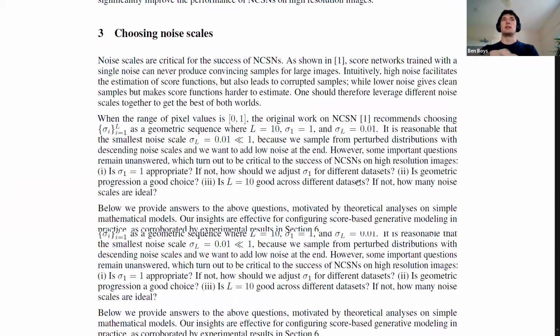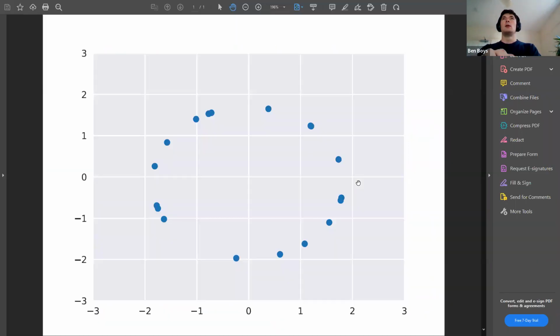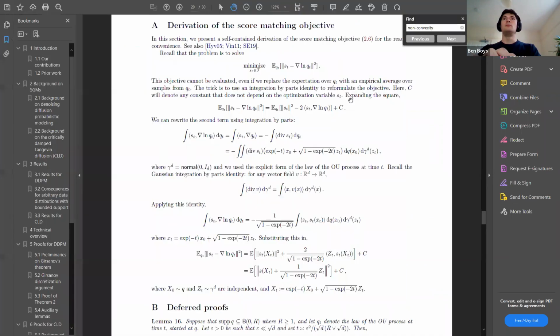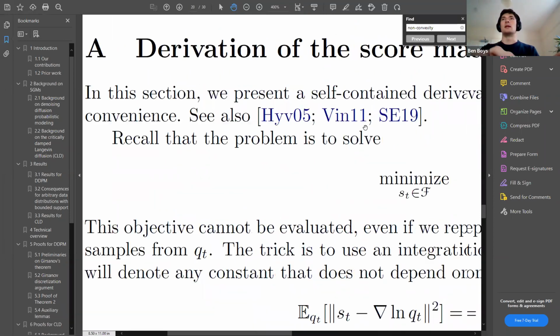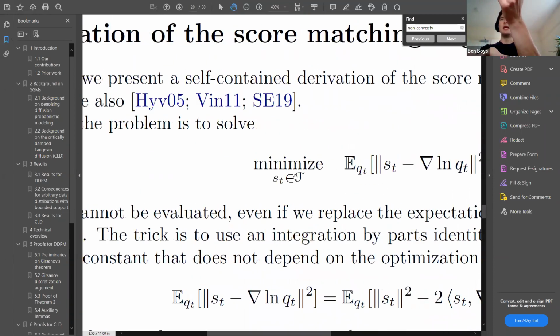Let's see if this has anything about that. So yeah, they've notated that here by saying that S must be in this space of functions, which is the parameterized neural network, and we can put different assumptions on what that function looks like. For example, if I made S a matrix that you multiply by X, then you only sample from multivariate Gaussian distributions.